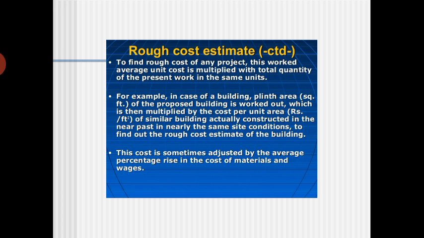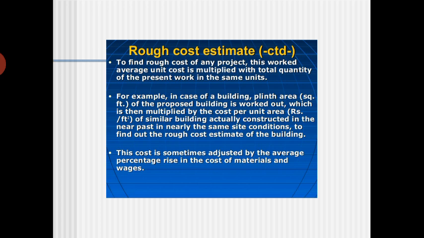For example, in the case of a building, the plinth area in square feet of the proposed building is worked out, which is then multiplied with the cost per unit area, that is rupees per square foot. For example, if you have 100 square feet of area, what will be the cost? Then you get the total price. In that way we are doing it.